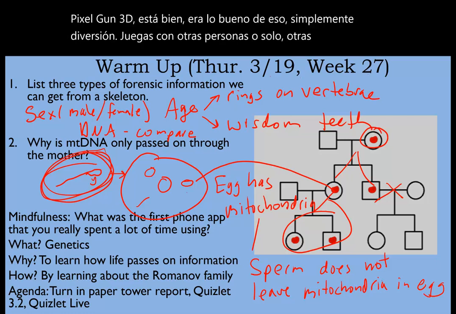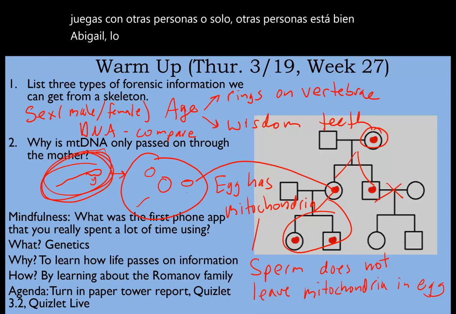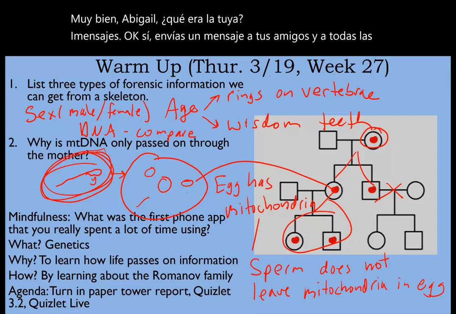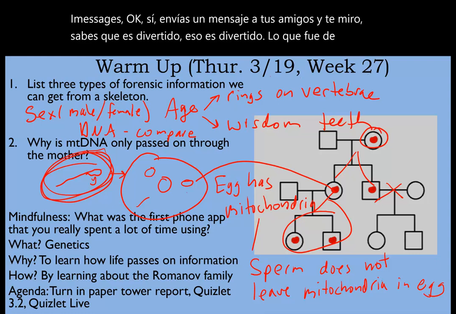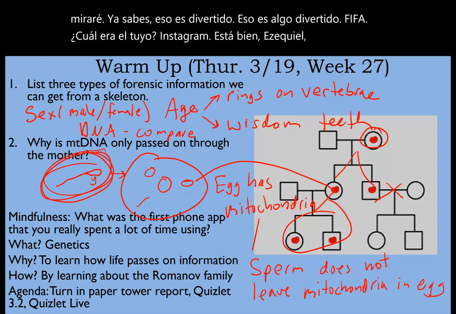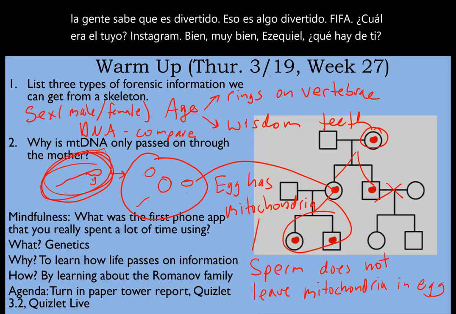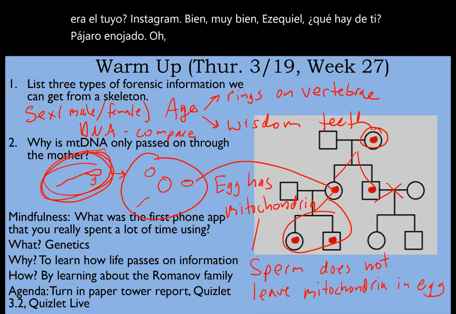Abigail, what was yours? iMessages? Okay, yeah, you send messages to your friends and all people you know. That's fun stuff. Fia, what was yours? Instagram? Okay, all right. Ezekiel, what about you? Angry Birds. Oh, I remember Angry Birds. That was a phenomenon, wasn't it?